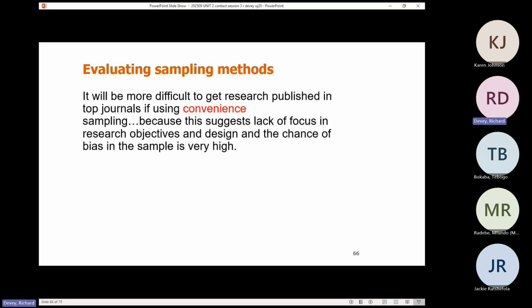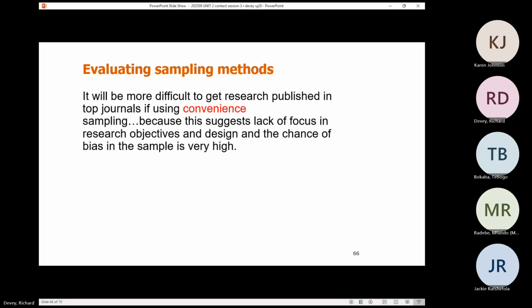At the ethics committee, there was a proposal last month which stated quite clearly they were using convenience sampling. And it was a nice study, and I'm sure that'll get published, because it's a very nice topic.